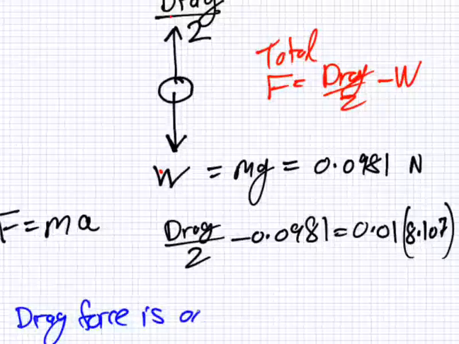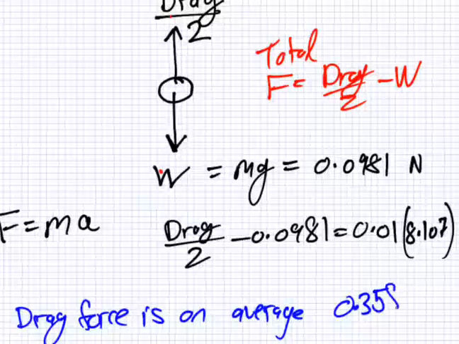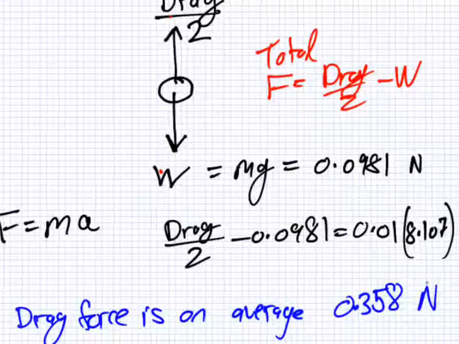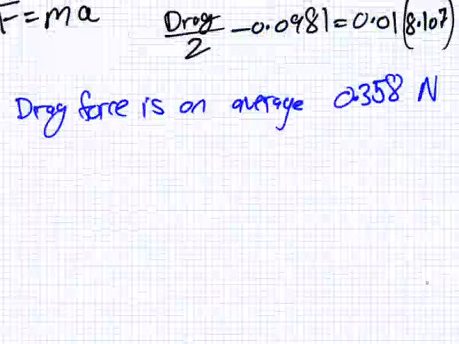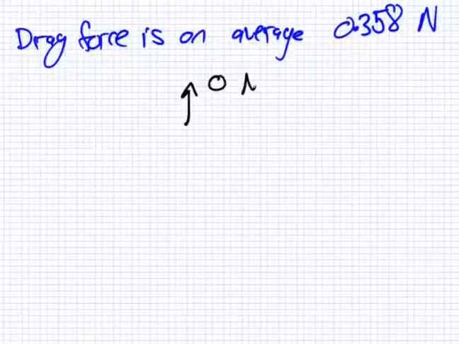Do we know the a though? Yes, what did I say the a was? 8.107. So just remember that the total force is drag over 2 minus the weight. These two should oppose each other.